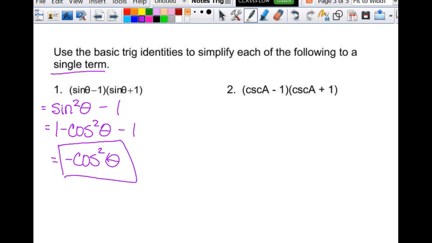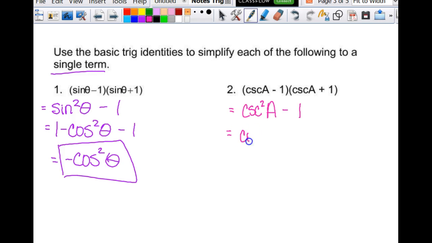All right. Now, let's look at number 2. When I multiply these together, this is going to give me cosecant squared A, then what? Minus 1. Okay? So cosecant squared, what do I replace cosecant squared with? Cotangent squared plus 1. Good.